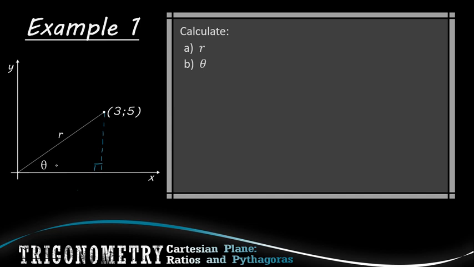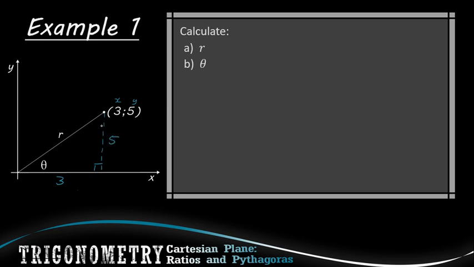Also, this theta is the angle inside this triangle. If the x on the x-axis is 3, this distance here is 3, and the y, this distance here, would then be 5.